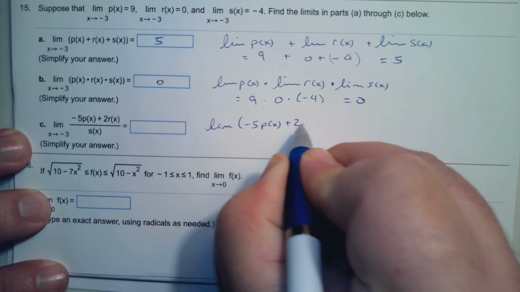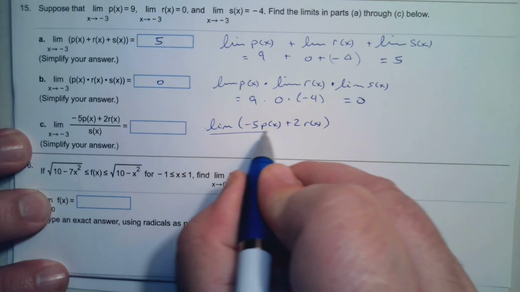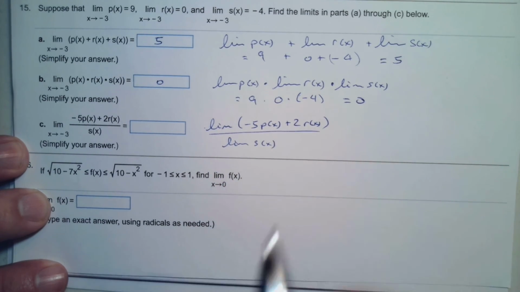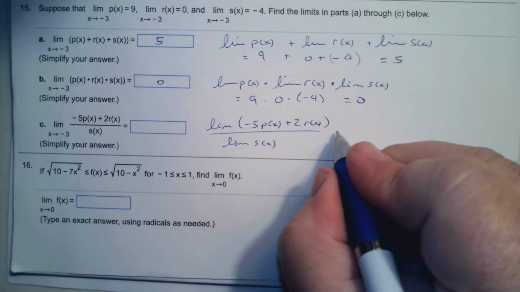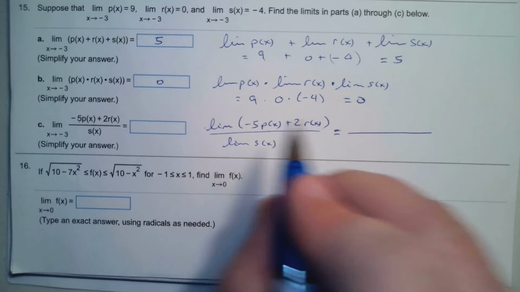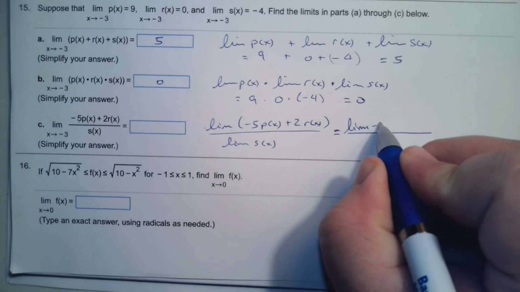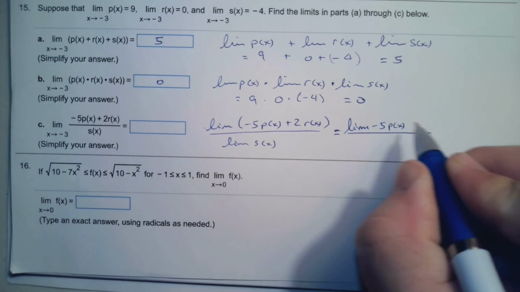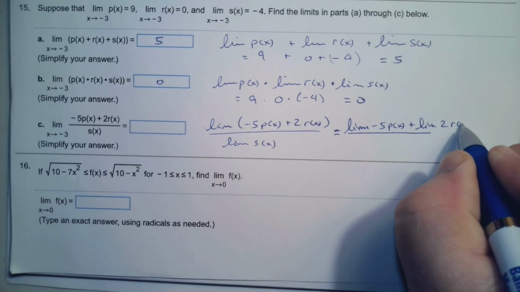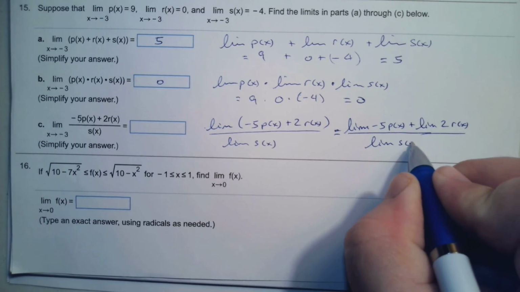The top becomes the limit of negative 5p of x plus the limit of 2r of x, over the limit of s of x.